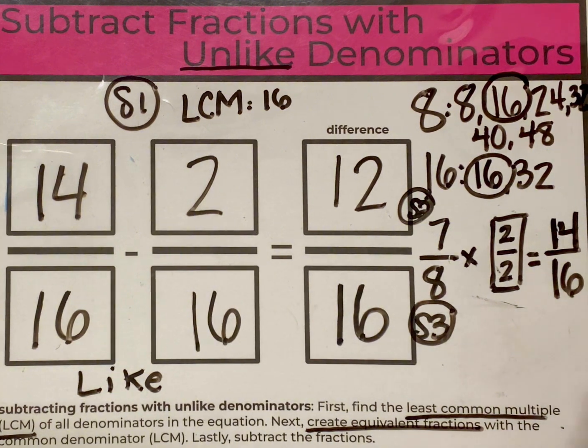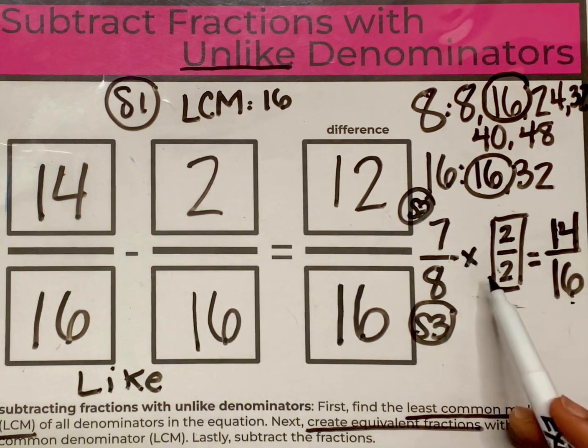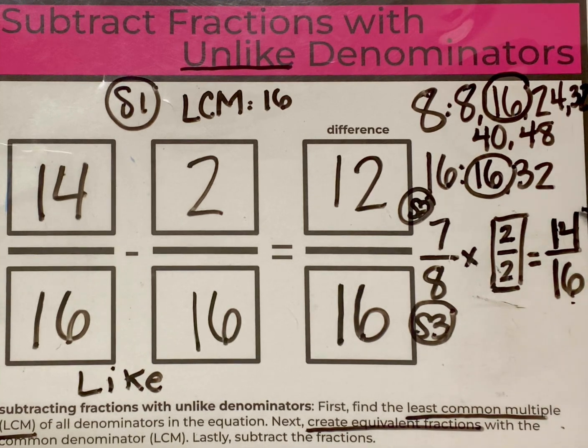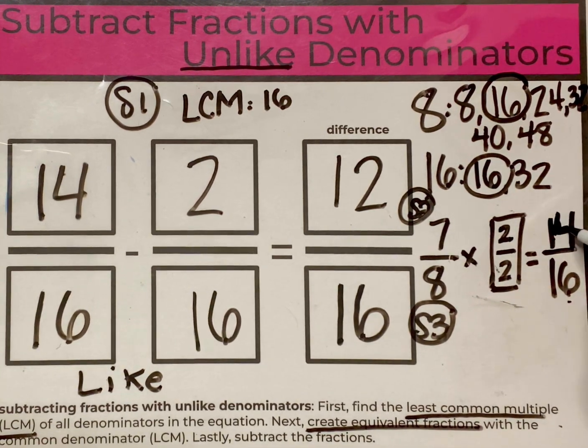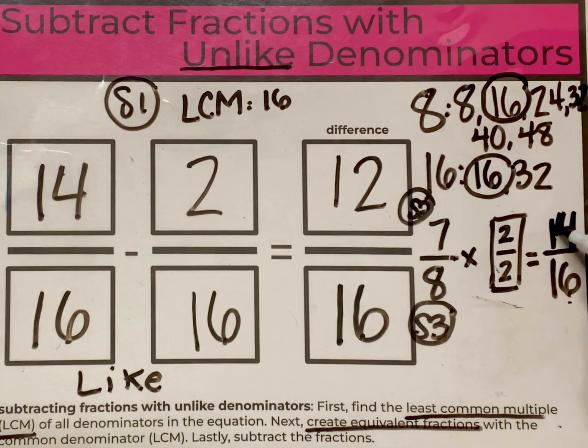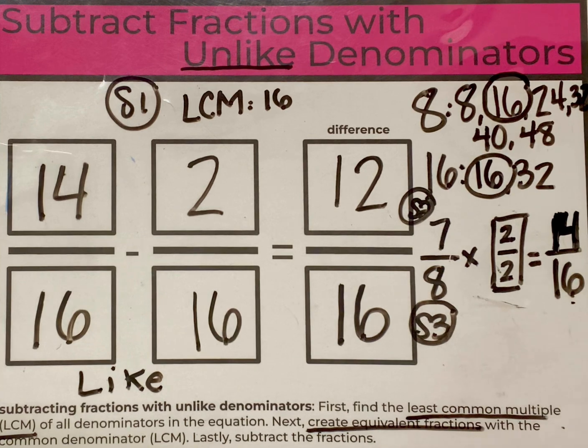My equivalent fraction had to be in 16ths. 7/8 times 2 over 2 gives me an equivalent fraction of 14/16. Now that I have my equivalent, I can then solve. So I replace the original fraction with 14/16.